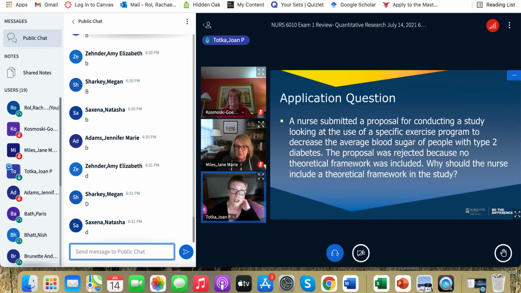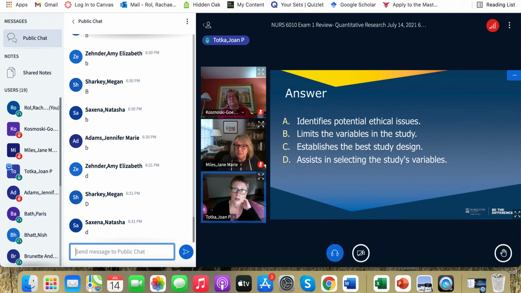The proposal was rejected because no theoretical framework was included. Why should the nurse include this framework? Identifies potential ethical issues, limits the variables in the study, establishes the best study, or assists in selecting the study's variables.